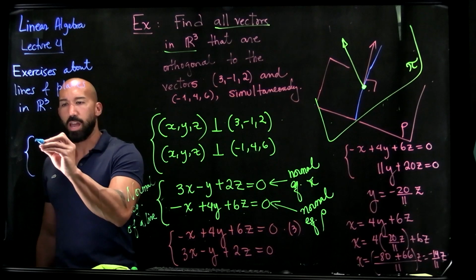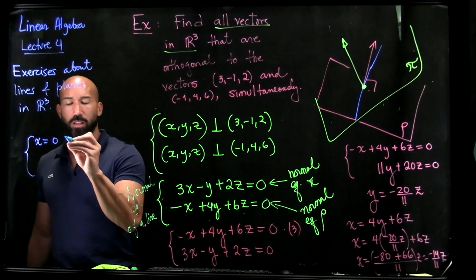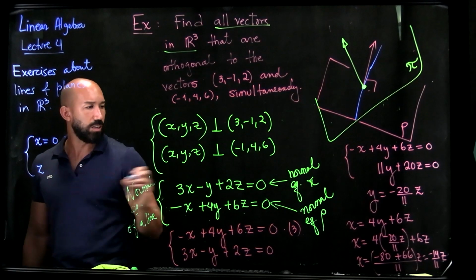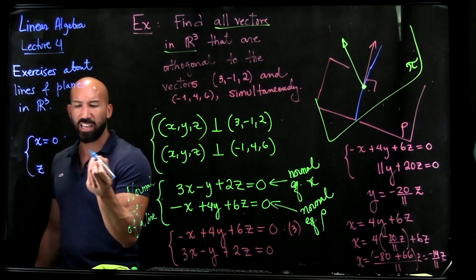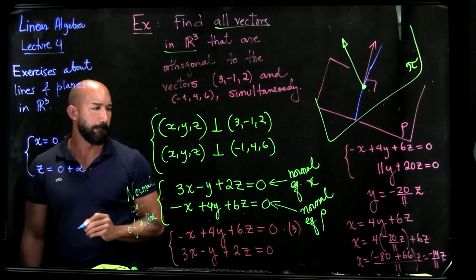So I can write x as 0. Let me start with z. I will put z as alpha, and I can write it here as 0 plus alpha.